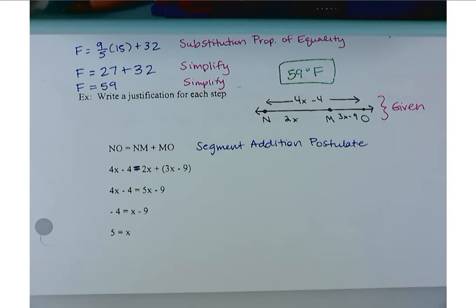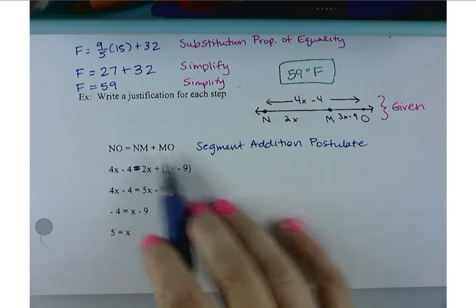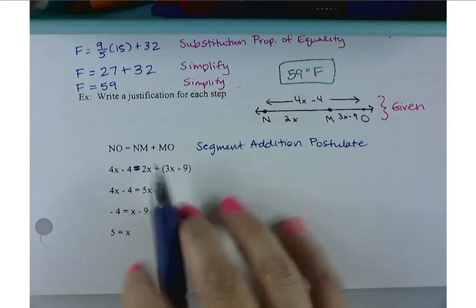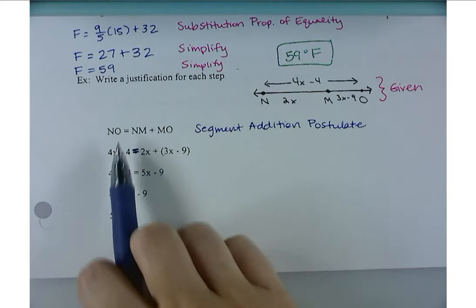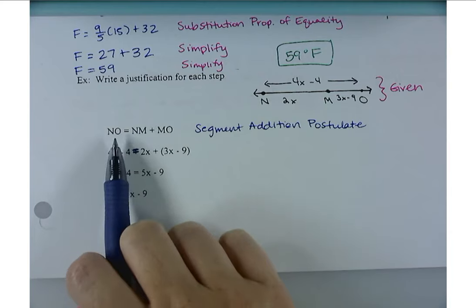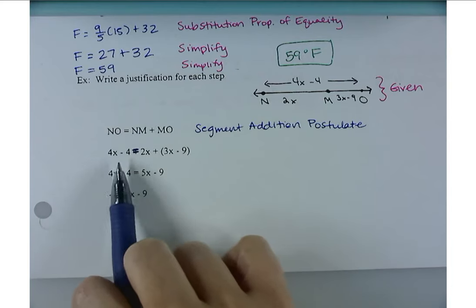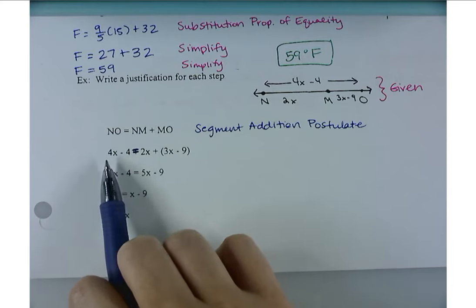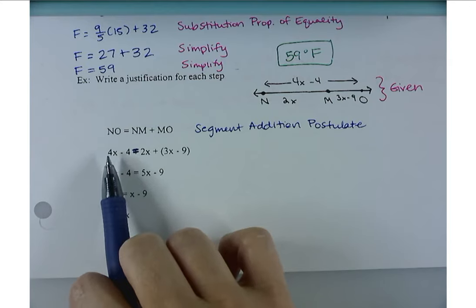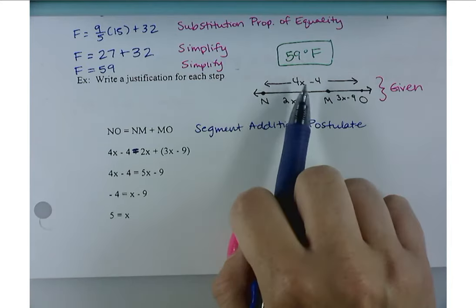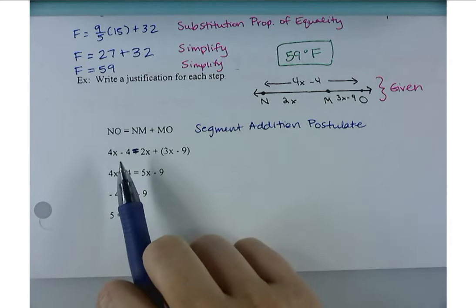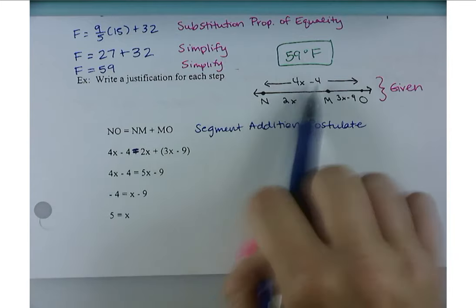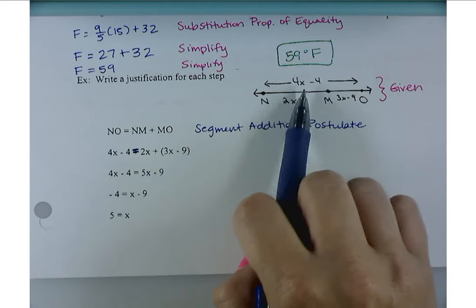Okay, so let's think about how we got from this step where NO equals NM plus MO to this step. Okay, Avery, let's look at this together. You have NO and then you have 4x minus 4. Where did that come from? The given. Okay, so it came from the given. What did I do with this value? Why or how did you plug this in for NO?